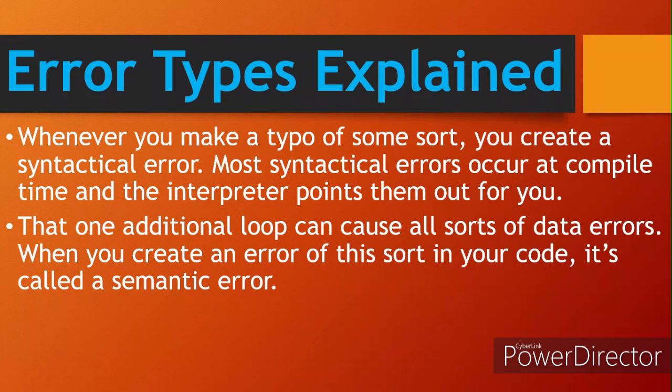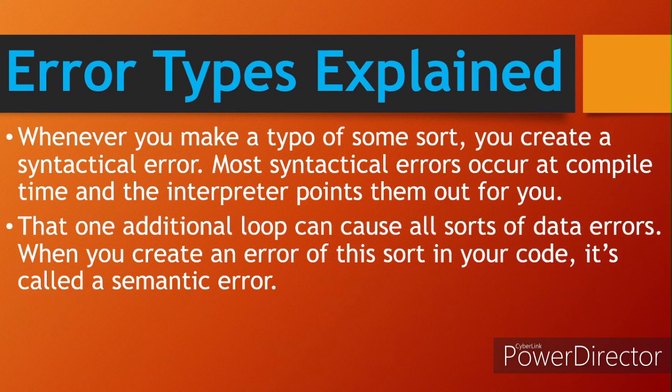Semantic errors occur because the meaning behind a series of steps used to perform a task is wrong. The result is incorrect even though the code apparently runs precisely as it should. Semantic errors are tough to find, and you sometimes need some sort of debugger to find them.